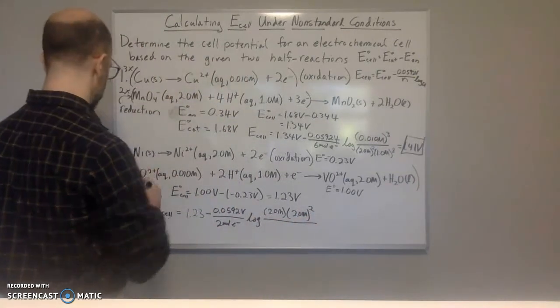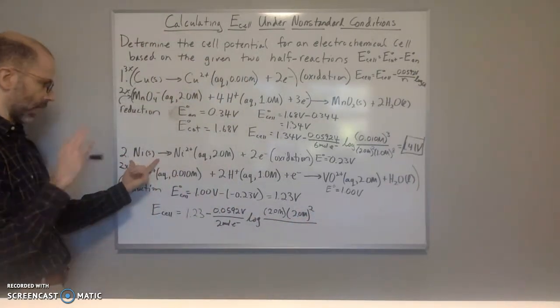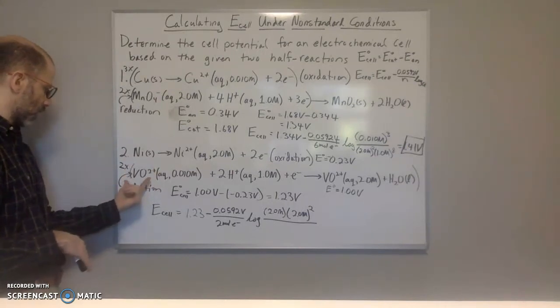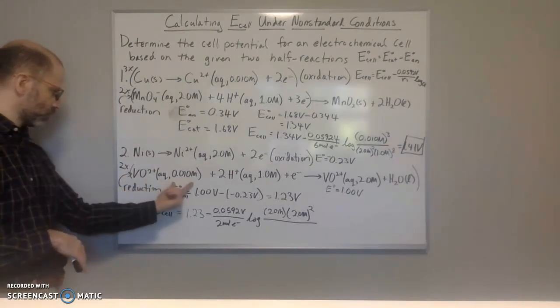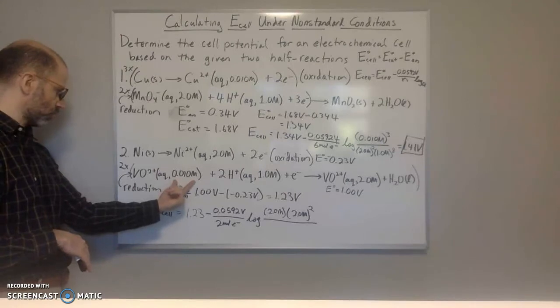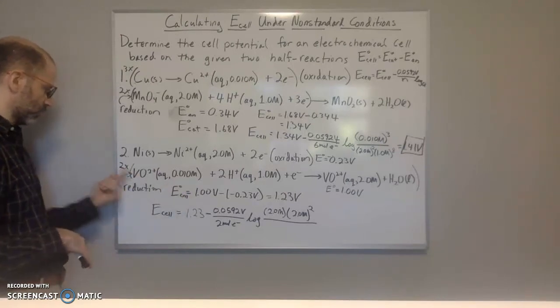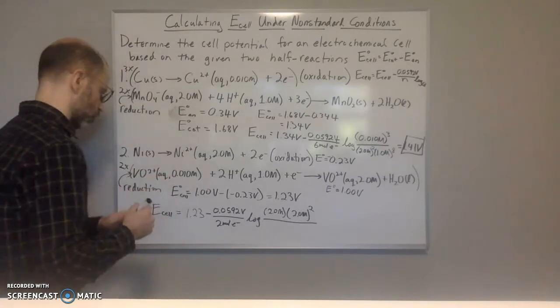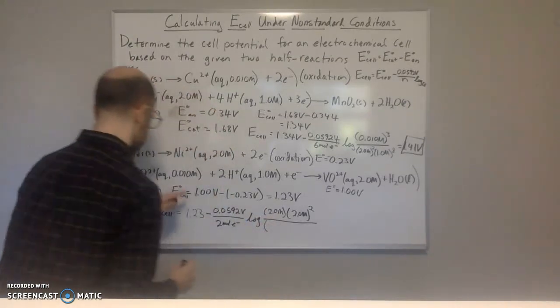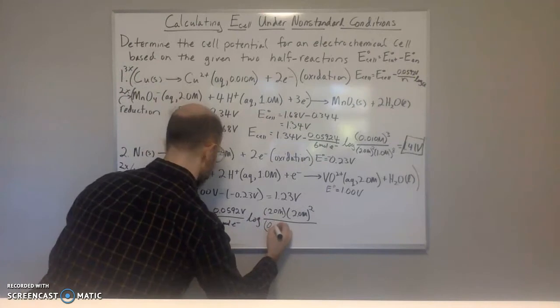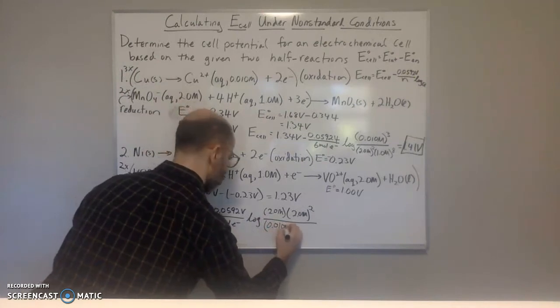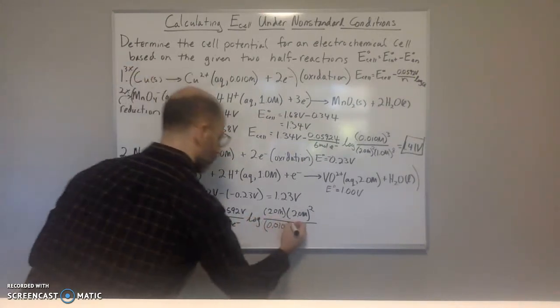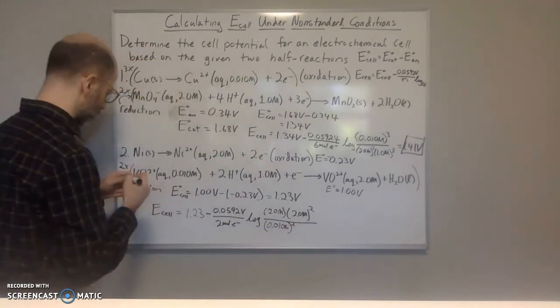And then now for the reactants, nickel solid, we're not putting that in there. We have here aqueous 0.010 molar. Again, that's going to be a coefficient of 2 because we're multiplying by 2. So we're going to take that molarity, 0.010 molar, raised to the 2nd power.